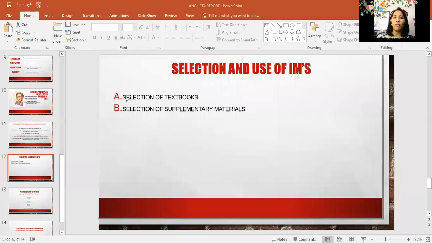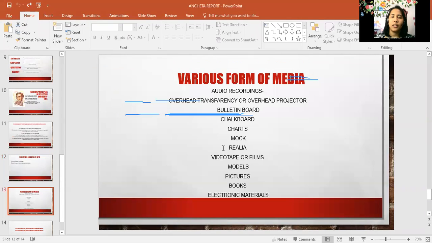Okay, now let's go to the selection and the use of the IMs. We have selection of textbooks. So which textbook would you like to use for the students and what type of textbook? Last, selection of supplementary materials. Supplementary materials are the supporting IMs. We have various forms of media.